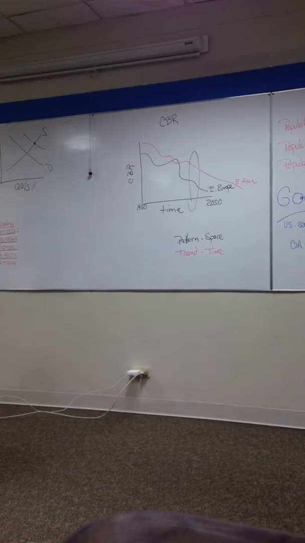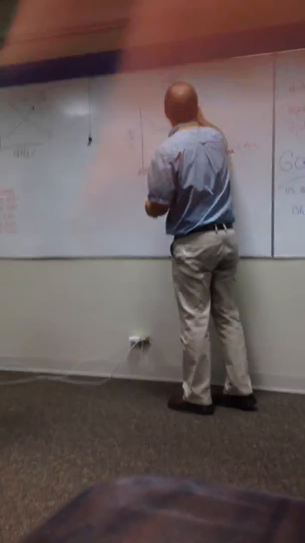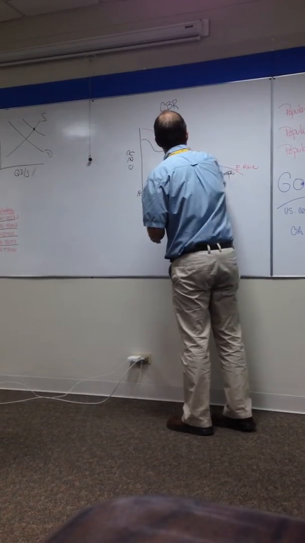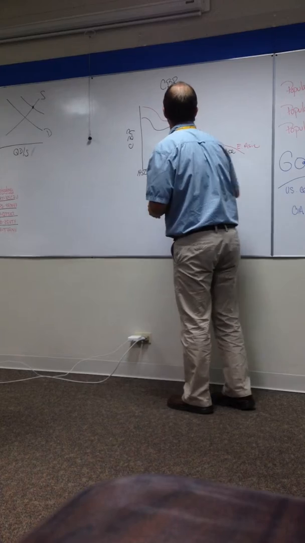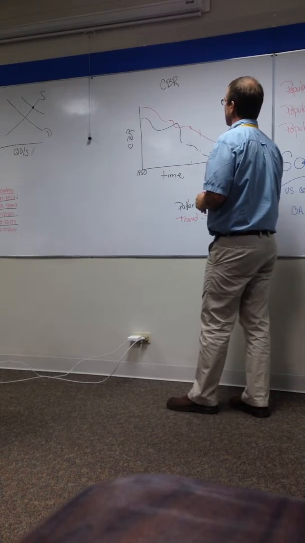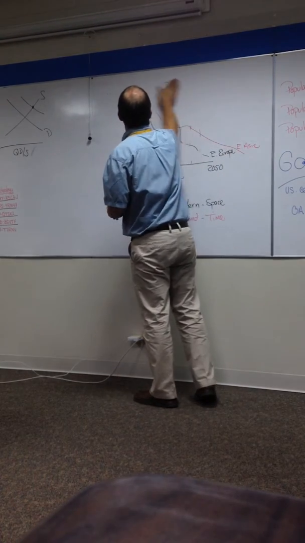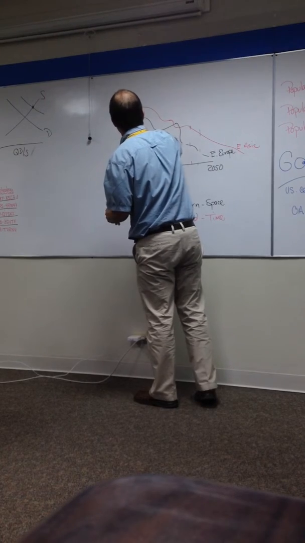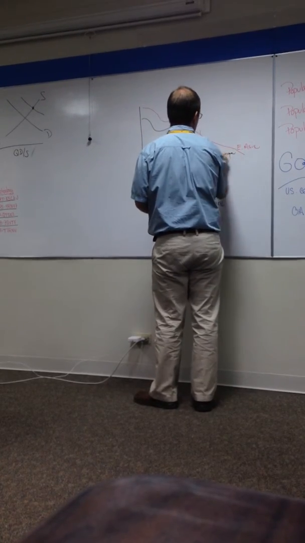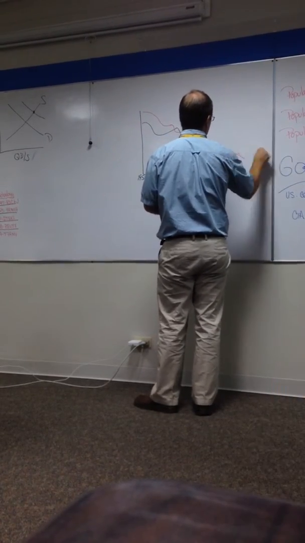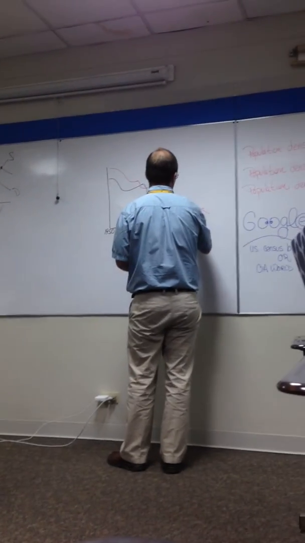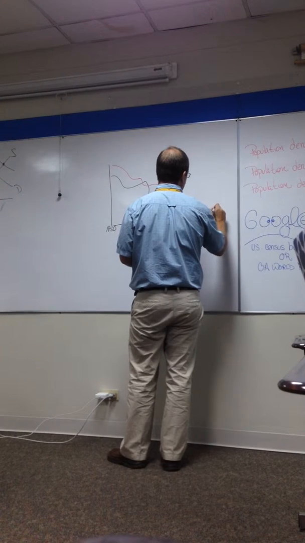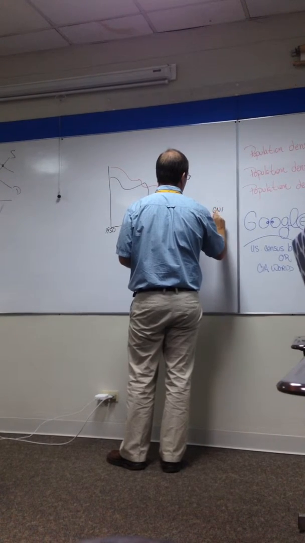Okay, so if we were to look at, say, let's not just call this crude birth rate. Let's call this crude birth rate, and let's call this GNI PPP.